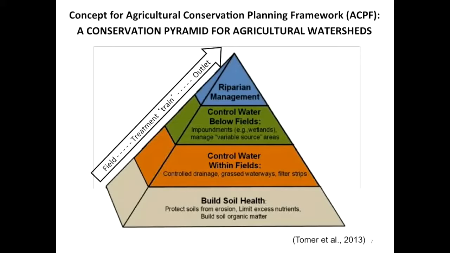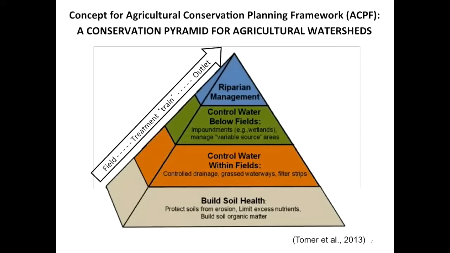So within the ACPF, we don't do any spatial prioritization of soil management practices, because we think it's really important for producers to be encouraged to maintain and improve their soils no matter where they are in a watershed.